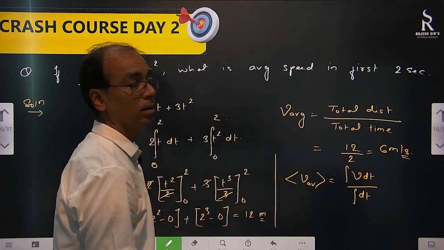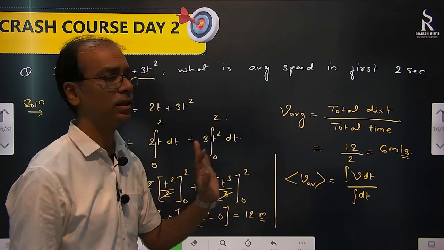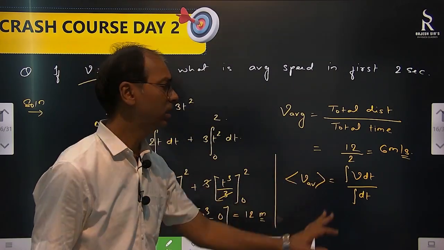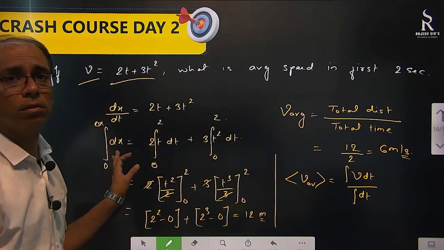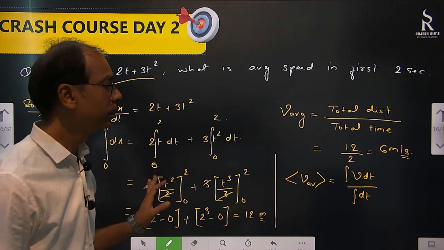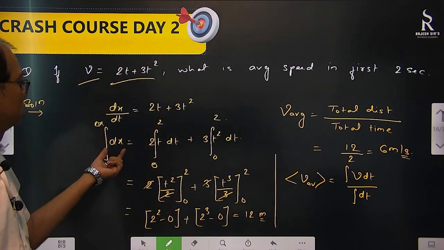This is the method. This we are going to use throughout physics. Whenever you have to find average, something like this only we write. V dt means actually displacement, or in this case distance, the total distance by total time. That's what we did, no? This is what V dt only.